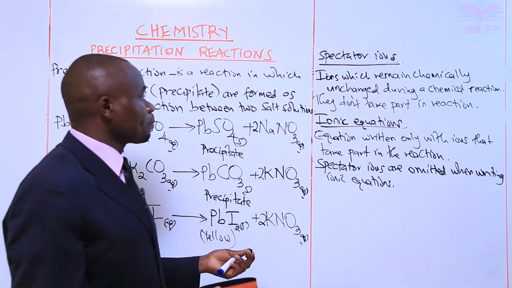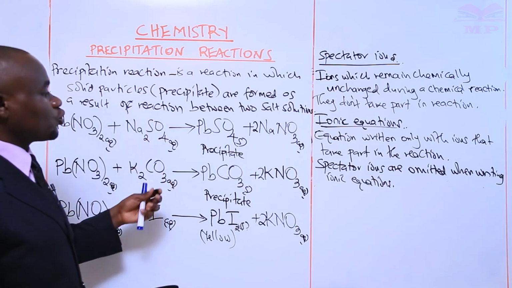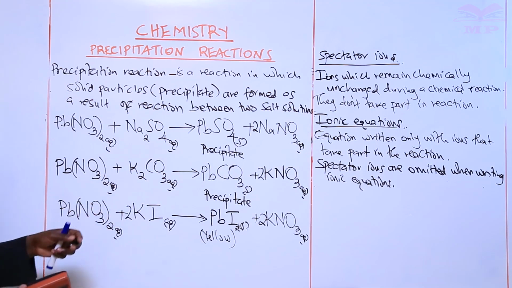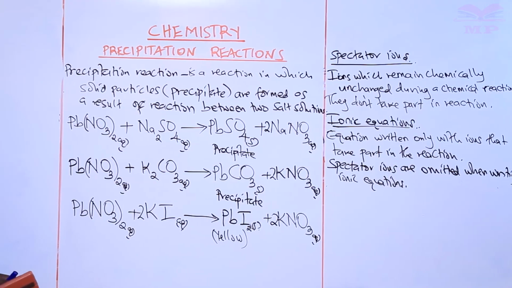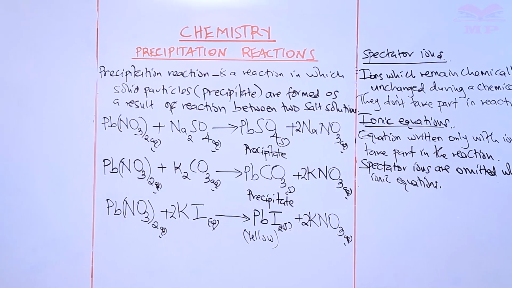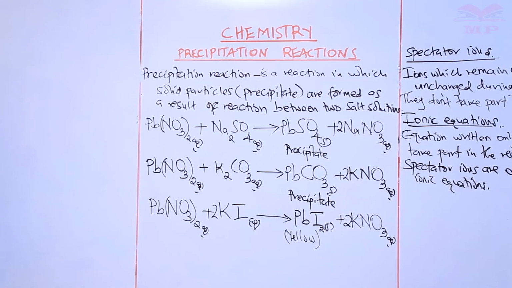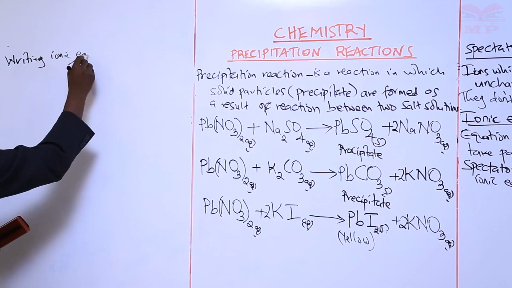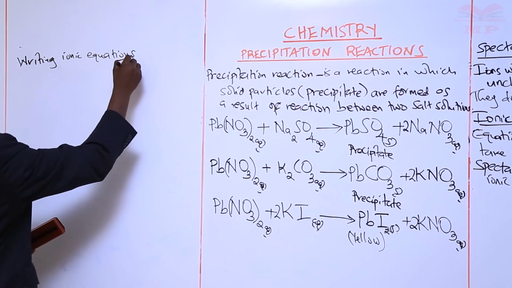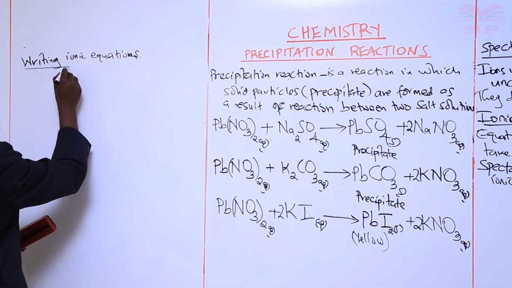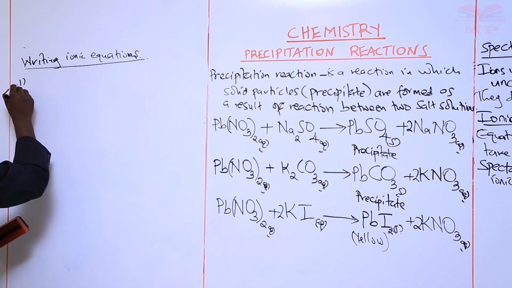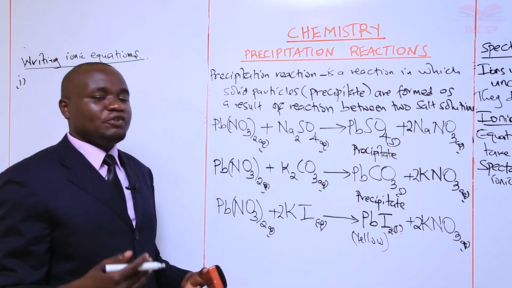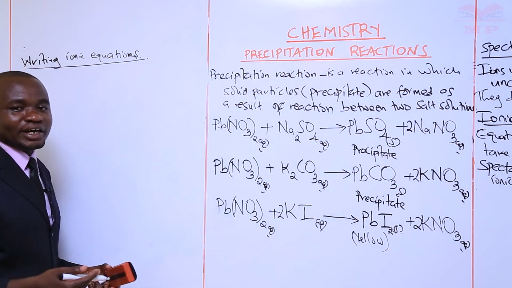So having said that, I want us to use these equations of precipitation reactions to write ionic equations. So our next concept is writing ionic equations. So let me start by giving you brief steps that you need before you write any ionic equation.